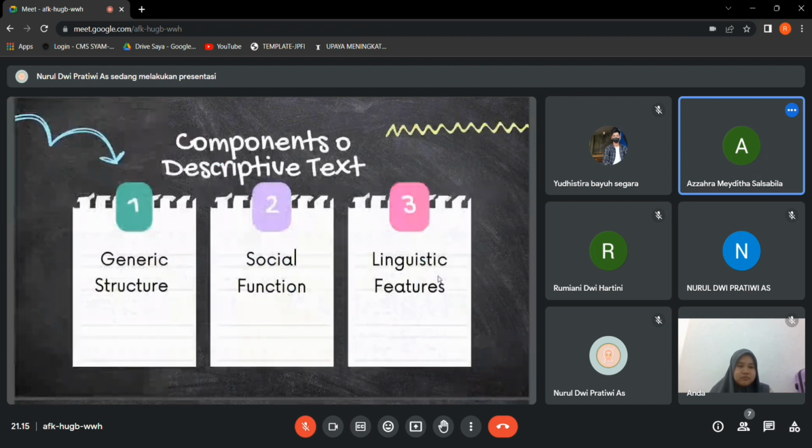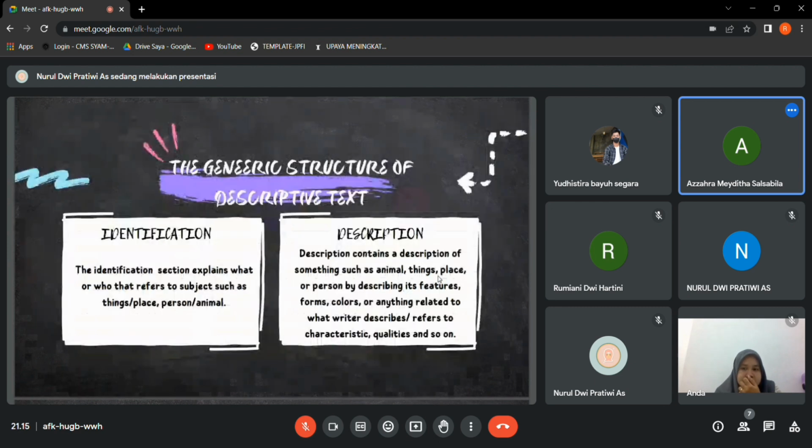Selanjutnya yaitu komponen dari deskriptif. The first is generic structure, the second one is social function, and the last one is linguistic features. Now we will talk about the first, generic structure. Okay, I mentioned before in the text Pink Beach that there are two structures of the descriptive text.